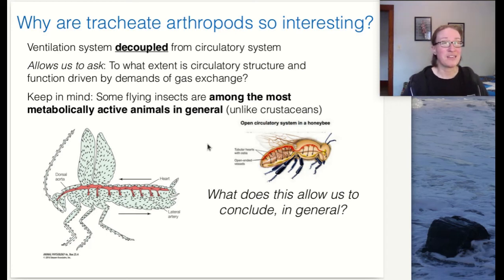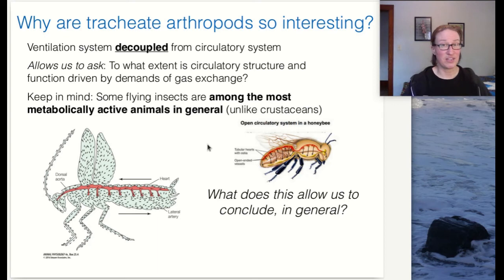So if you decouple your gas exchange requirements from your circulatory system, keeping in mind your circulatory system still does a couple of other things. It's involved in nutrient exchange, waste removal, there are immune functions. But if you take gas exchange out of the equation, circulatory function slows down dramatically.